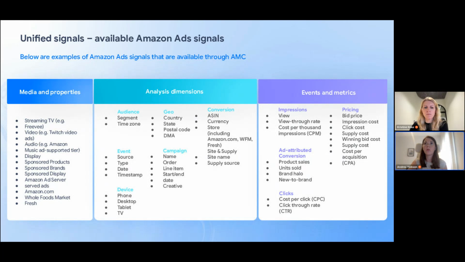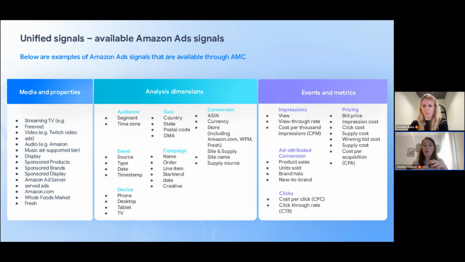For example, a brand can analyze how sponsored products perform within different postal codes or DMAs, maybe urban DMAs versus suburban DMAs, and then compare how their ads perform across different devices as well. And these insights can help you optimize your creative strategy and also your budget allocation.